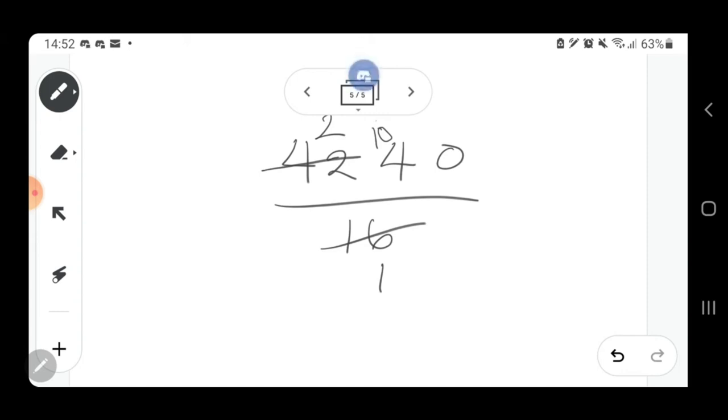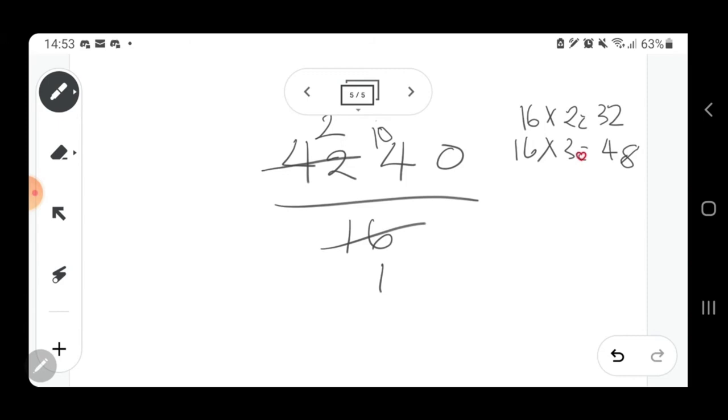Okay, let me show you something. 16 times 2 is 32, 16 times 3 is 48. There's something I want to quickly pick out from there. Instead of me going back and saying 16 times 4 is this, 16 times 5 is that, why don't I say this?